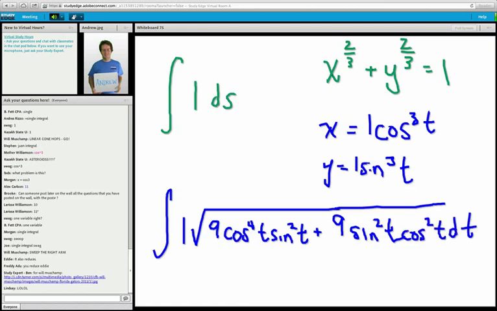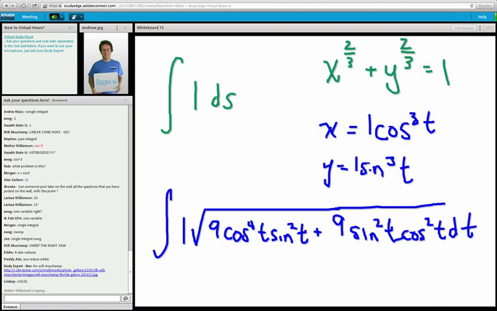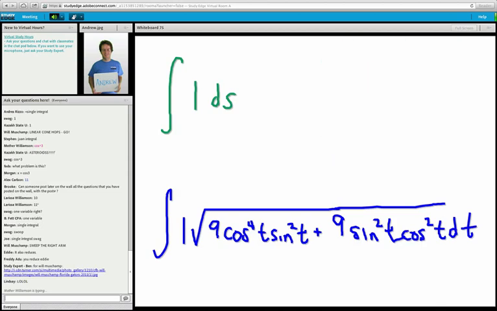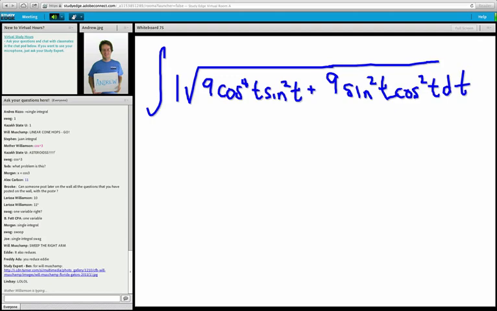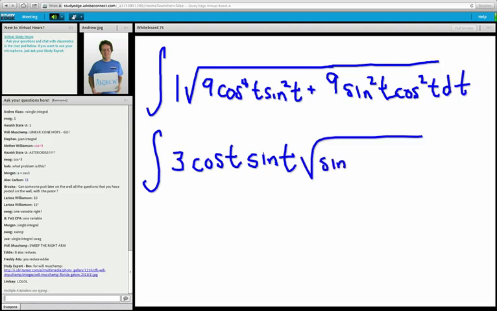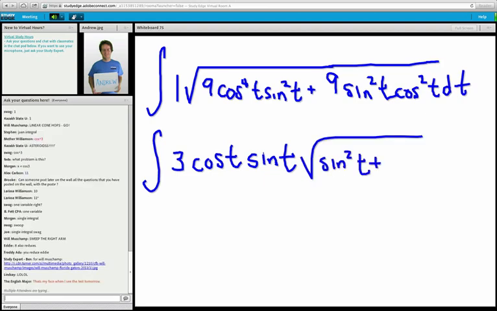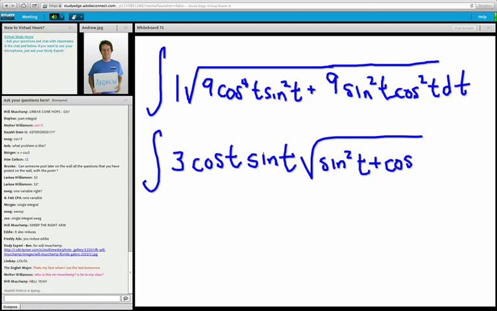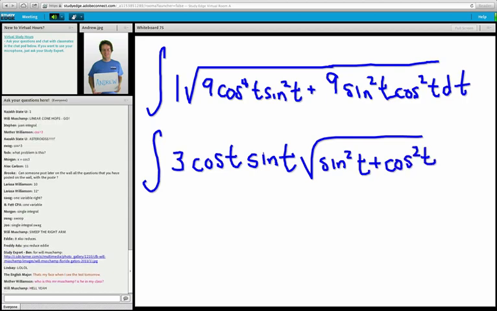Okay, it looks like a mess, but trust me, it's going to boil down to something really simple. I can factor out the 9. I can also factor out a sine squared cosine squared, and when I do so, I'm left with 3 cosine t sine t. The inside of the radical is square root of sine squared plus cosine squared, so really that's just going to be 1. That cancels and goes away. Cool?